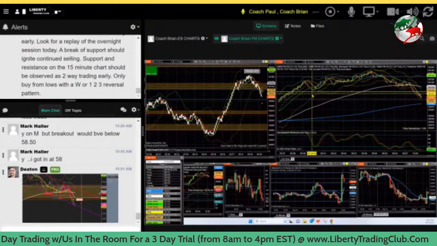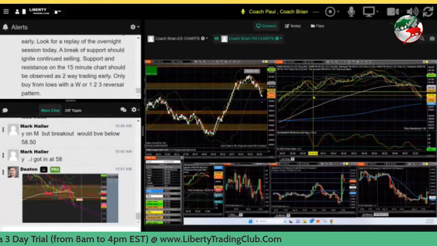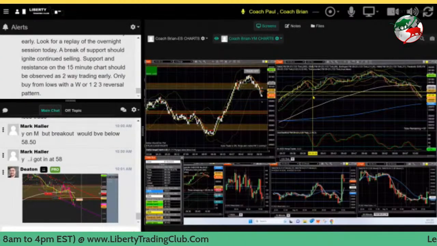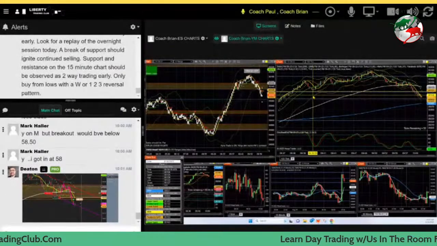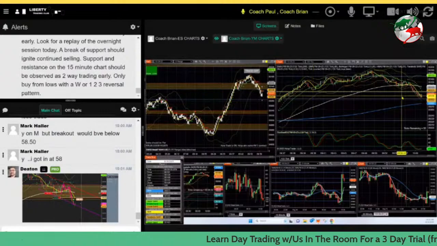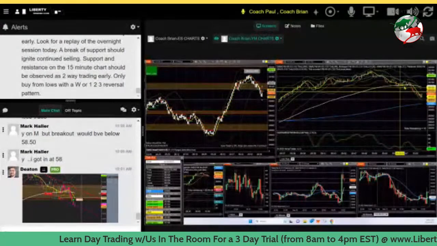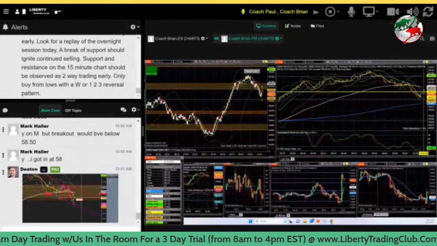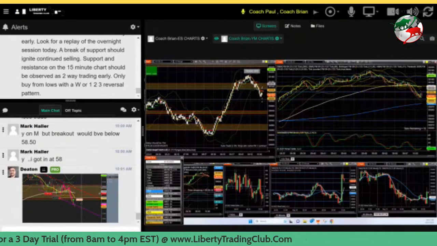So the YM entry would have been, guys, get short, stay short right now, okay? 121 would have been your entry on the YM, unless you did the M. Now, let's put this back on stop area. So your stop should probably be somewhere just above the 89 on the YM now.